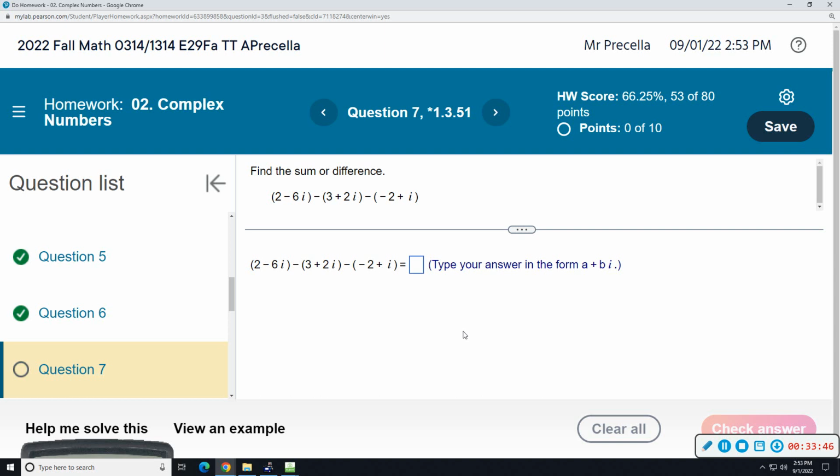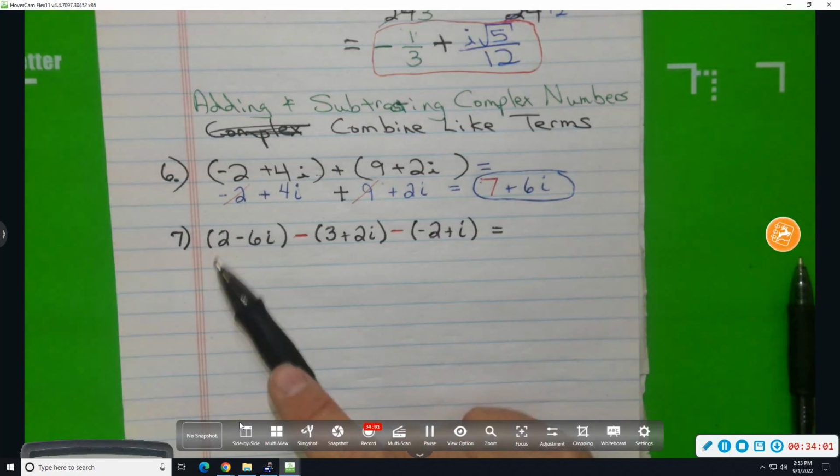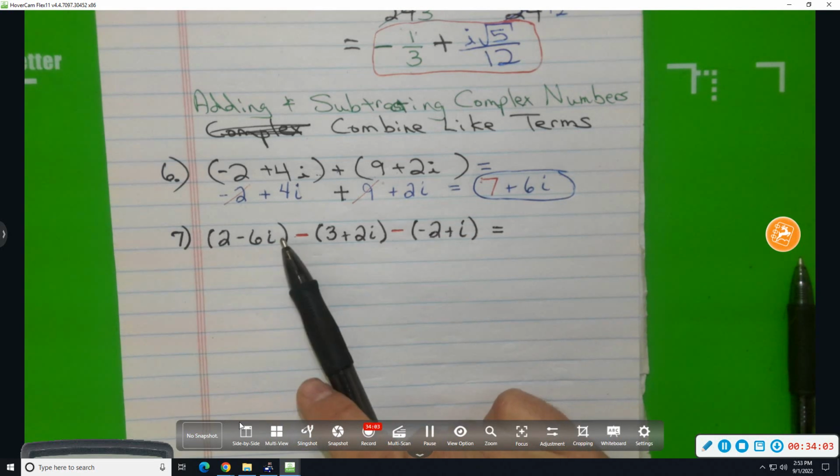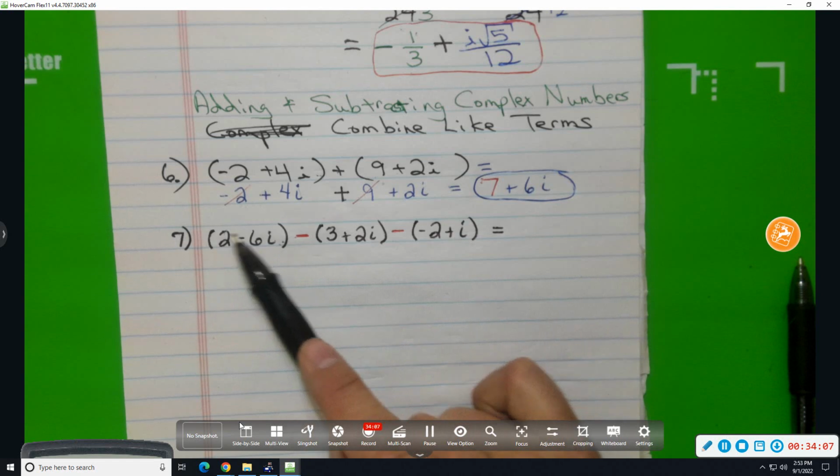This first set of parentheses we don't really need. I'm just going to drop them. There's nothing in front of it to distribute.